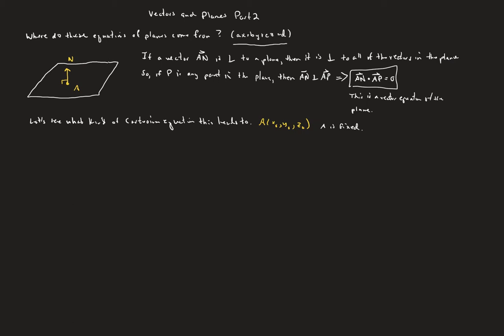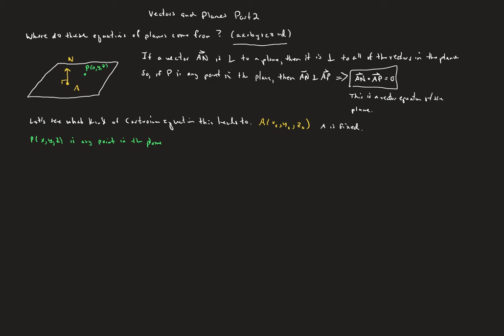And then we're going to pick the point P to be, we're going to say P has coordinates x, y, and z, and P is kind of our generic point. So it is any point, or every point, in the plane. Just to visualize it, I'm going to pick P to be over here, and I'm going to label it x, y, z.